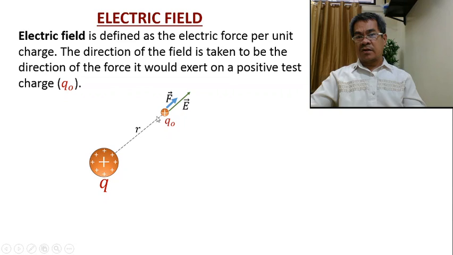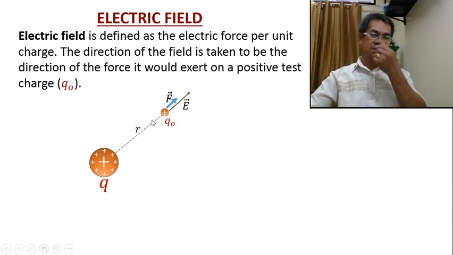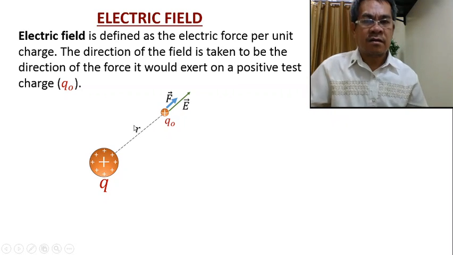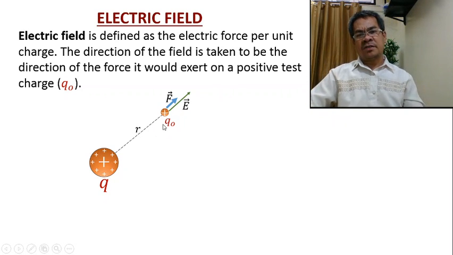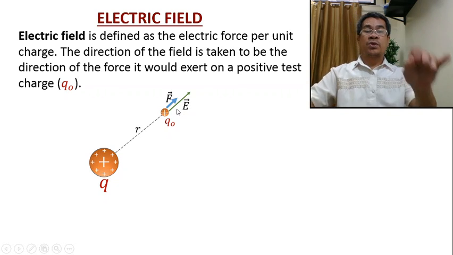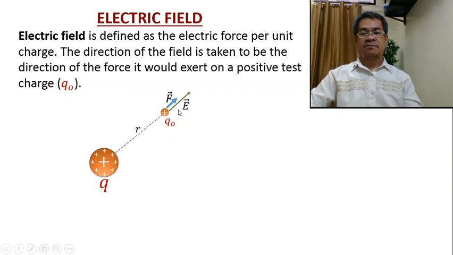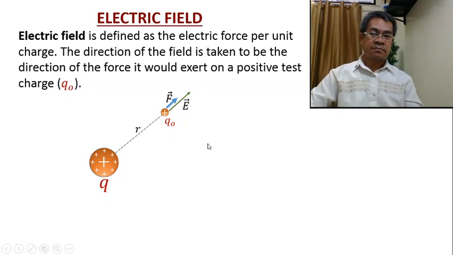So meaning you can place a positive test charge or a negative test charge in that place. So if your test charge is positive, then whatever direction of the force will be the same direction of the electric field. But if you bring a negative test charge, the electric field is in the opposite direction of the force. Okay?